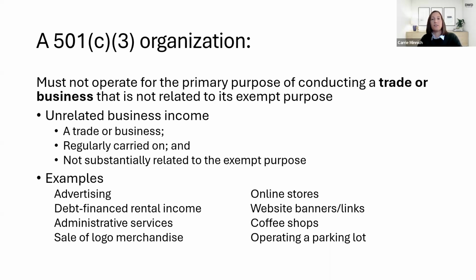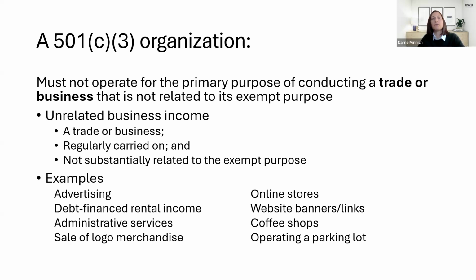Now, let's say we have another nonprofit down the street, and they're providing education services to people, maybe those that need additional education requirements to get their GED. And let's just say that they have a coffee shop to bring in some extra money. The individuals that are going to get their GED are not employed and do not work at the coffee shop.